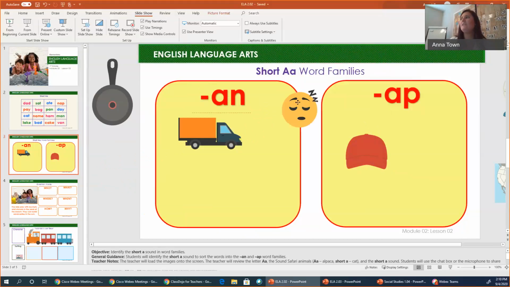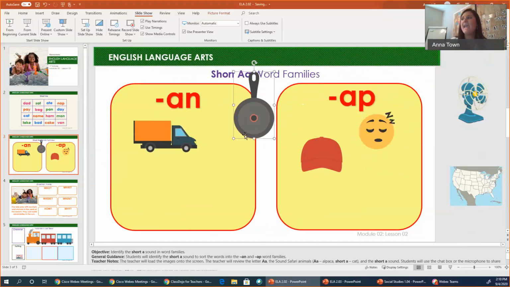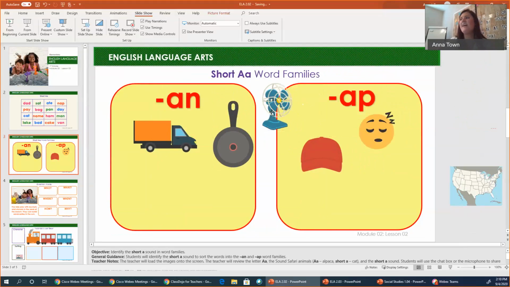Let's take a look at this picture of a nap. Does it end in AN or AP? AP. Good job. Let's take a look at a pan. AN or AP? AN. Let's take a look at a fan.